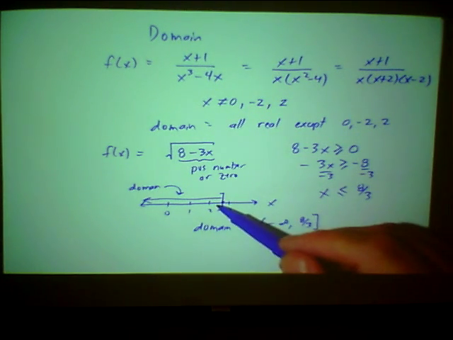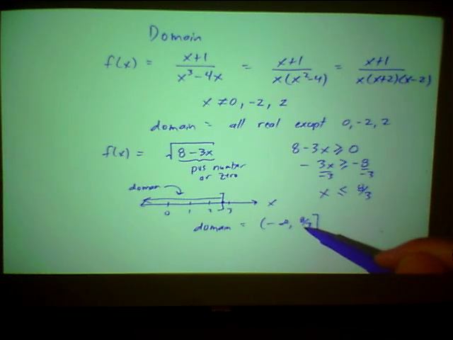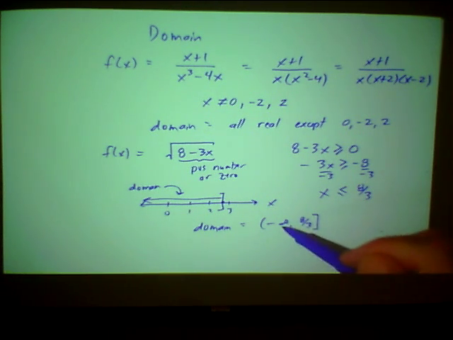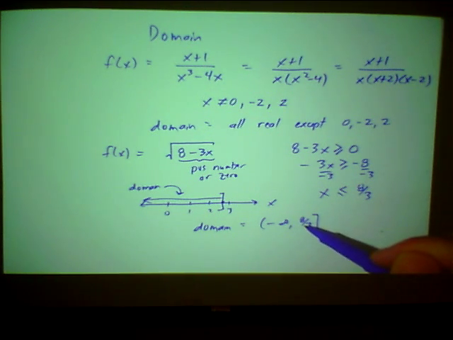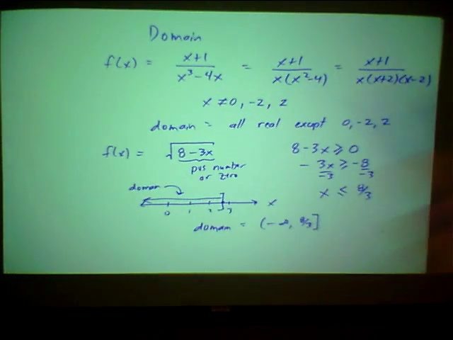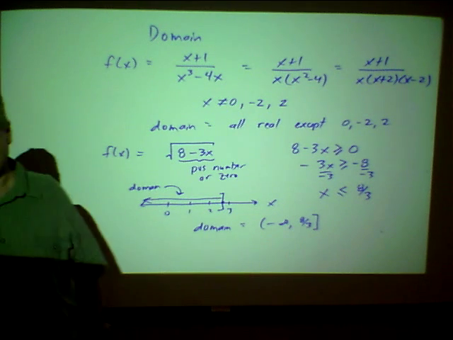Then I graphed it, and then I drew the interval. So this domain says the okay values of x are anything between -infinity and 8/3. If I choose a value of x outside this interval, then I'm going to end up with a negative under the square root. So that's a couple of problems on calculating or figuring out the domain.